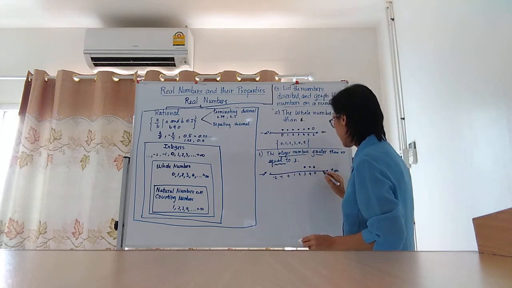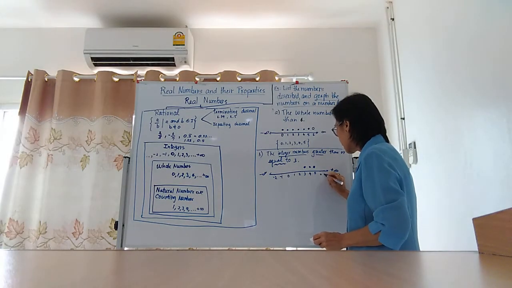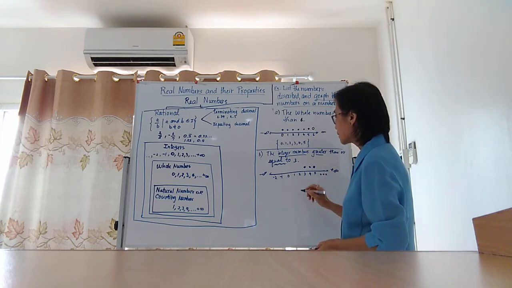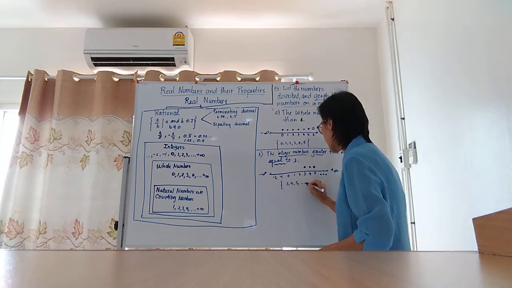But because it is greater than, that means they will keep going until plus infinity, but they will use this sign, the 3 dot, this represents 'and so on'. Okay, now you can write the solution set going to be 3, 4, 5, and dot, dot.